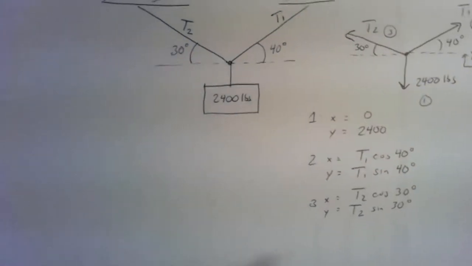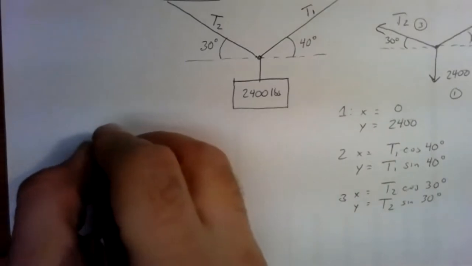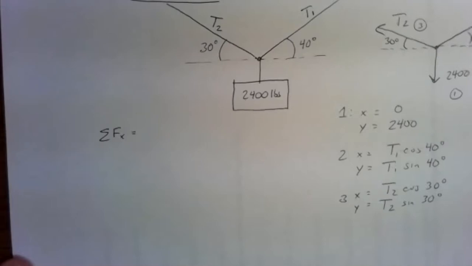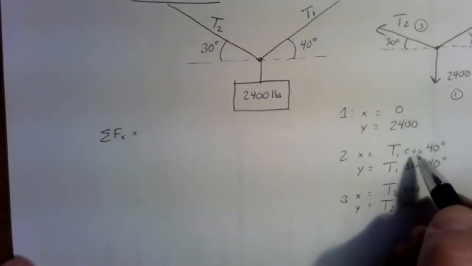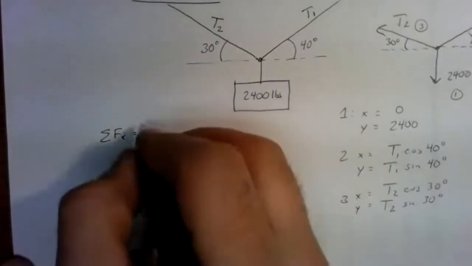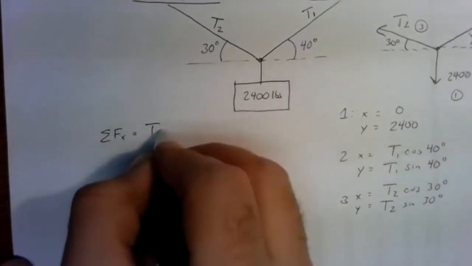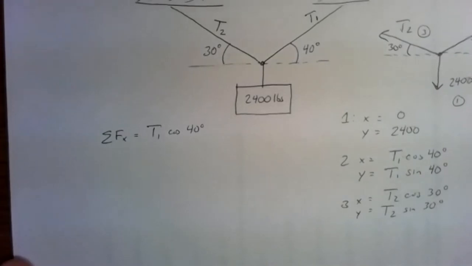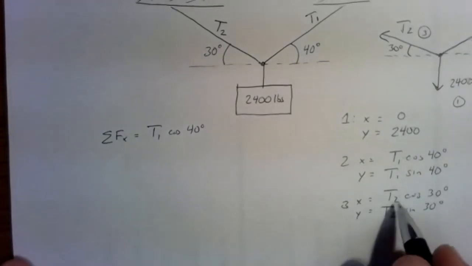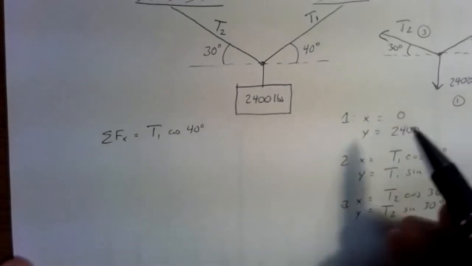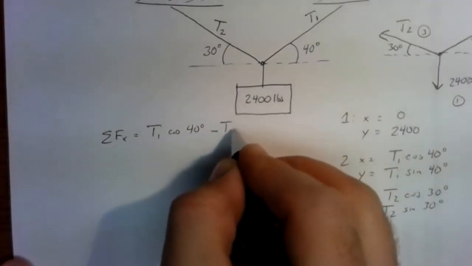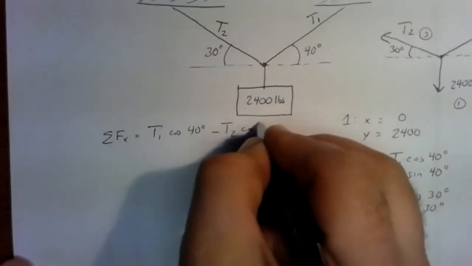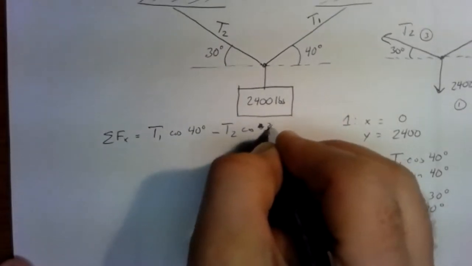So to set up our equations, we'll have to take our sums. So we'll take our sum of forces in the x direction. And got nothing from vector 1. From vector 2, that's pulling to the right. So positive T1 cosine of 40 degrees. Vector 3, that's pulling to the left. So minus T2 cosine of 30 degrees.